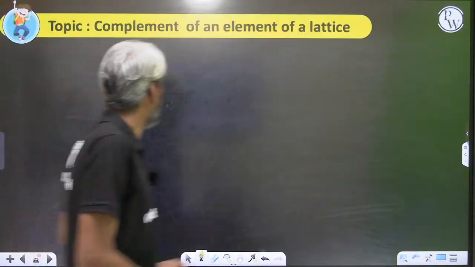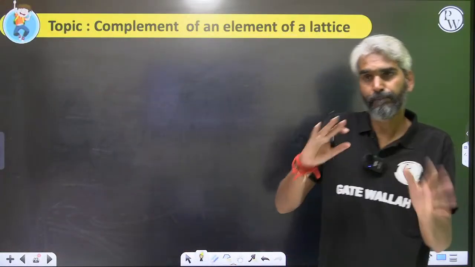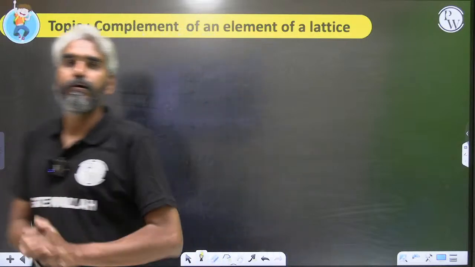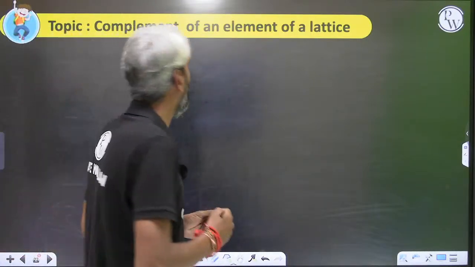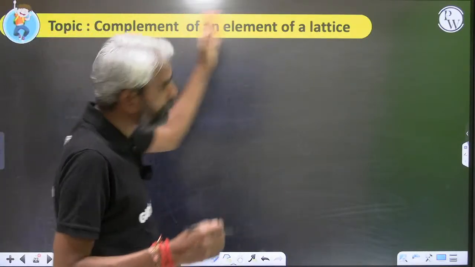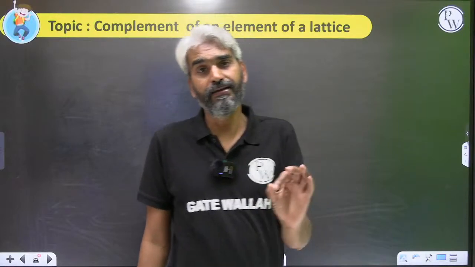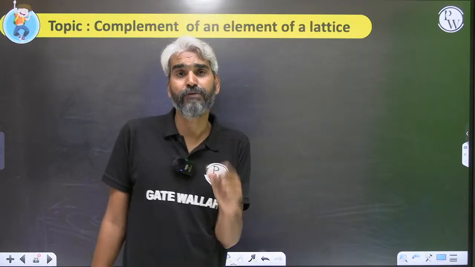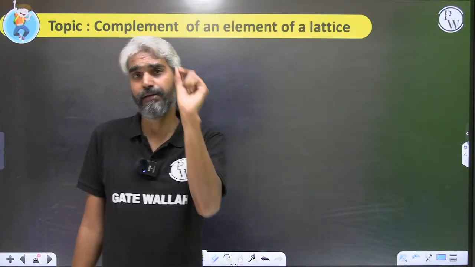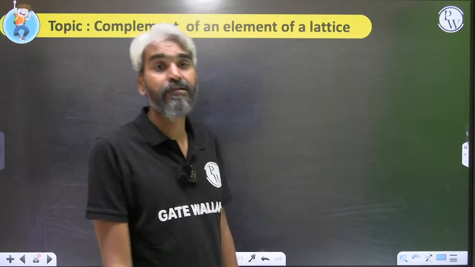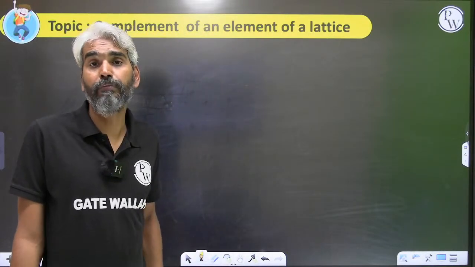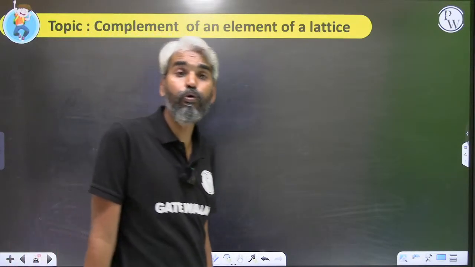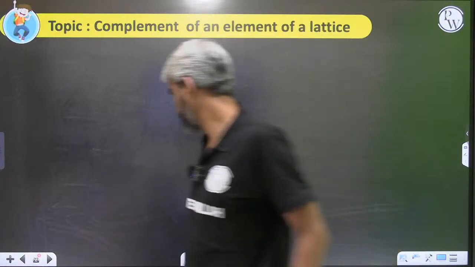Now, once you have understood the concept of bounded lattice, let me introduce the concept of complement of an element of a lattice. Given a lattice, if somebody asks you what will be the complement of a given element of the lattice, the idea is that the complement of an element can be defined only in a bounded lattice.